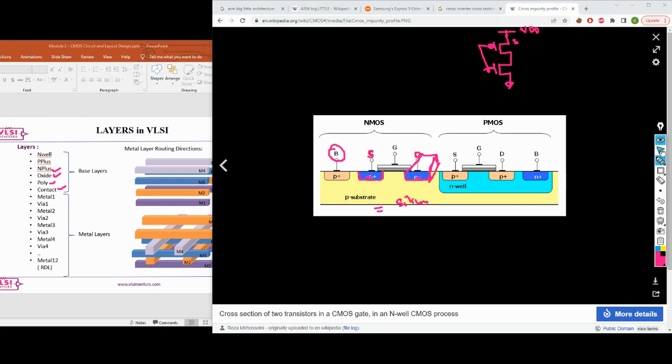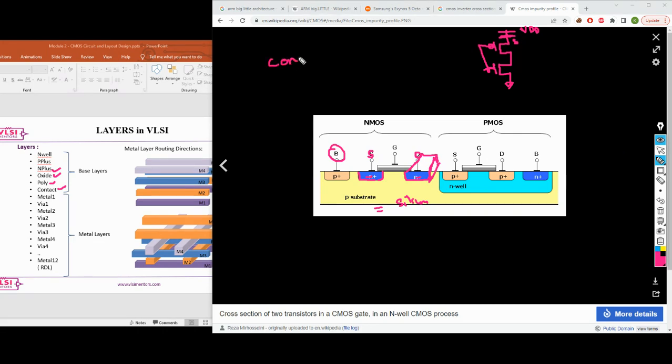This particular connection happens with the help of contact. So contact is a kind of hole that is going to be used to connect your source to drain or any base layer to metal.